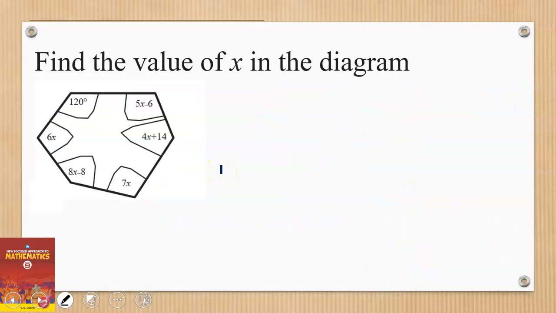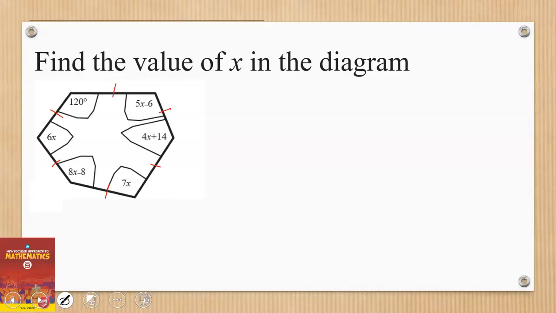Let's try another example. In this question, we have a 1, 2, 3, 4, 5, 6-sided figure. And like we did earlier on, when we add all the interior angles of this type of polygon, we always get 720.